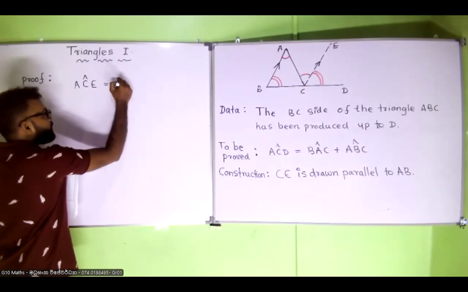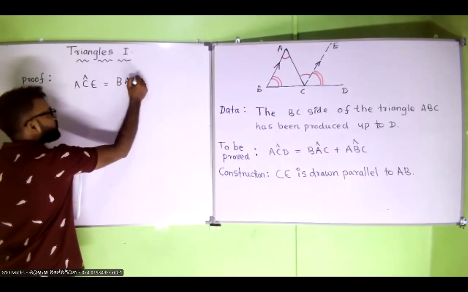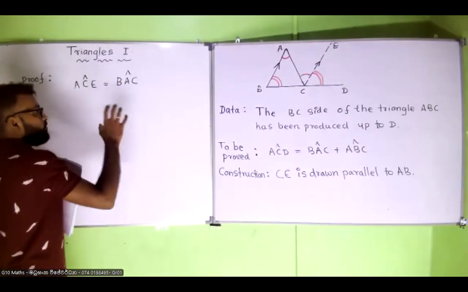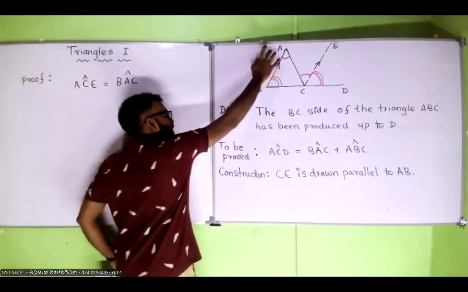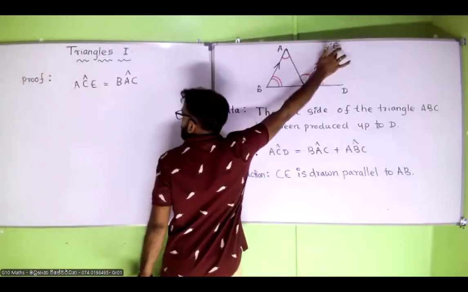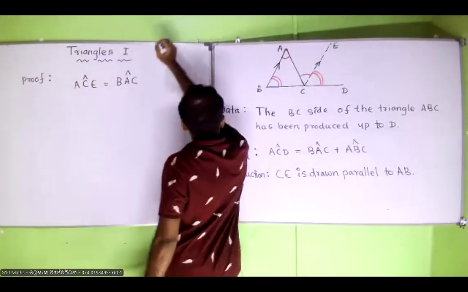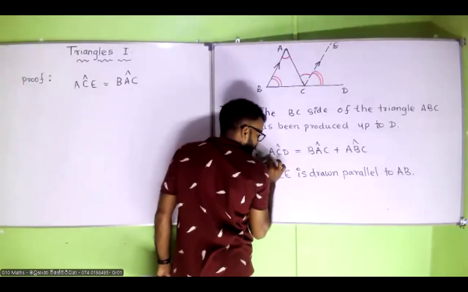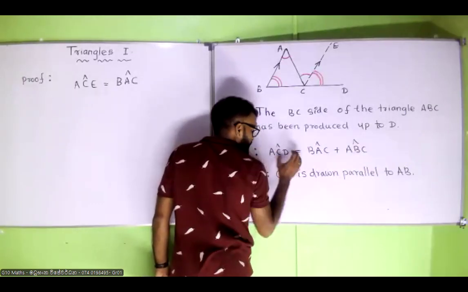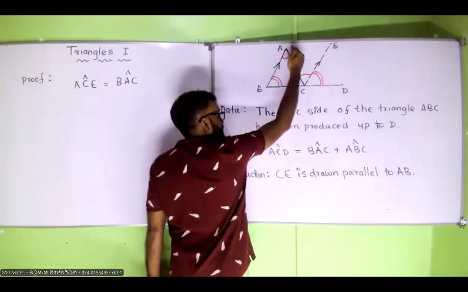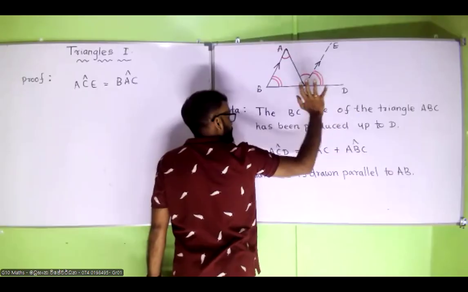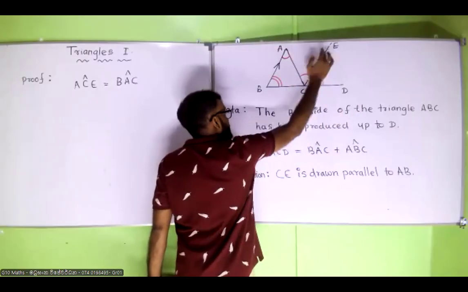Now, please don't write. Please look at the book and focus on the book. First of all, I have done angle ACE equals angle BAC. We are going to prove ACD equals something. ACD is on this side, so I have taken ACE first.